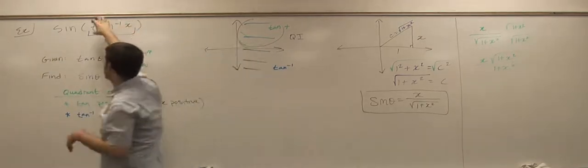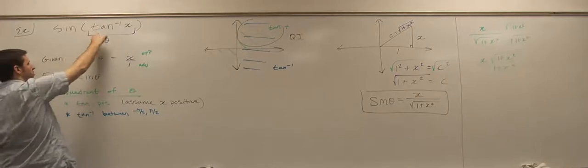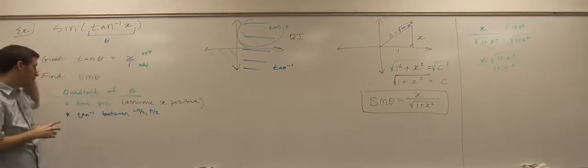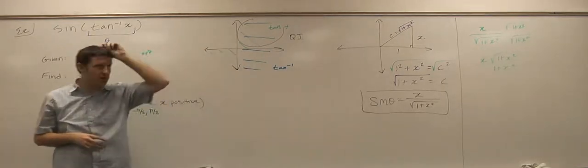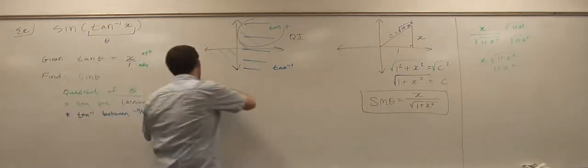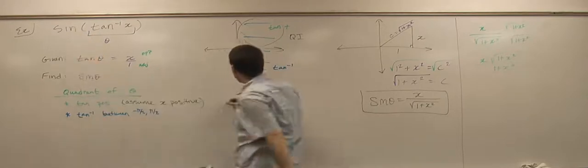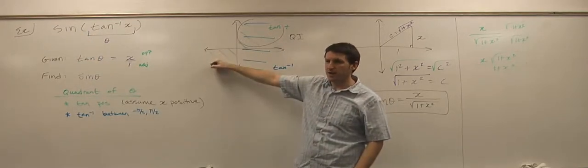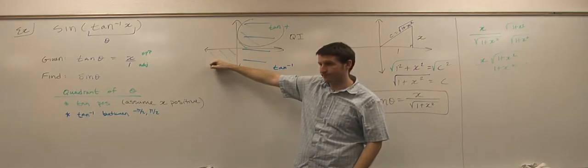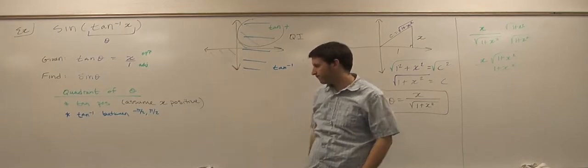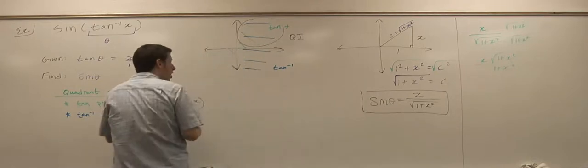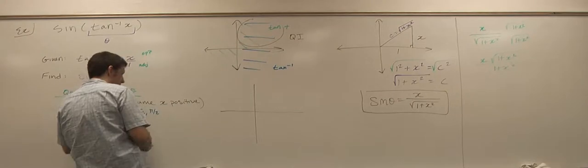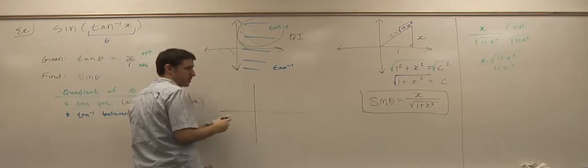So when you're mixing a trig function with an inverse trig function, but they're not the same, you draw a triangle. The whole trick is making sure your triangle's in the correct quadrant. If you're ever doing one of these problems and you end up with a triangle in the third quadrant, how do you know that's garbage? Because all 3 of the inverse functions we talked about never go into the third quadrant.